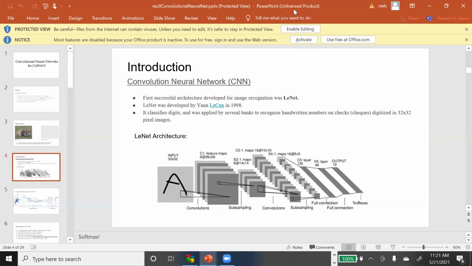And there were 16 of them. So it says S4 is 16 at 5 by 5. Are we all happy about that? Okay. So then the next step is something called flattening. You flatten it out. You take it and you make it a traditional vector that we always loved and wanted, right?